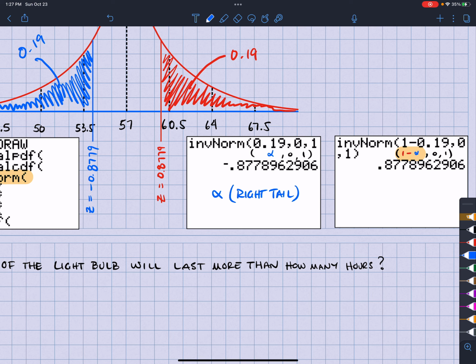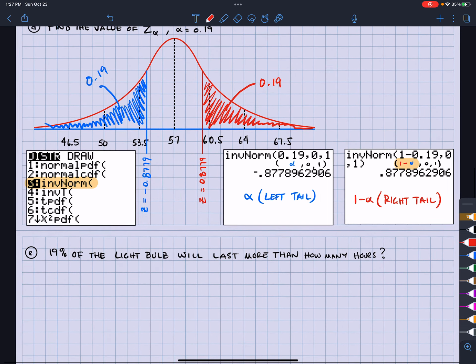Using 1 minus alpha gives me the, oh sorry, I went nuts and forgot my left from my right. The alpha gives me the left tail. The 1 minus alpha would give me the right tail. Yep, there we go. Okay, so that is the important part.